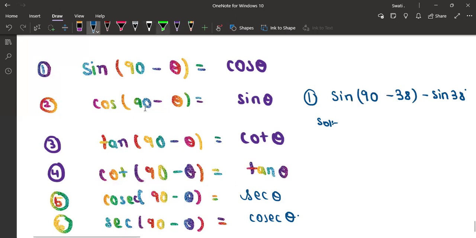This is just formula based. Okay, I think this is not sine, this is cos. Cos 90 minus 38 minus sine 38. This is what you have to solve.